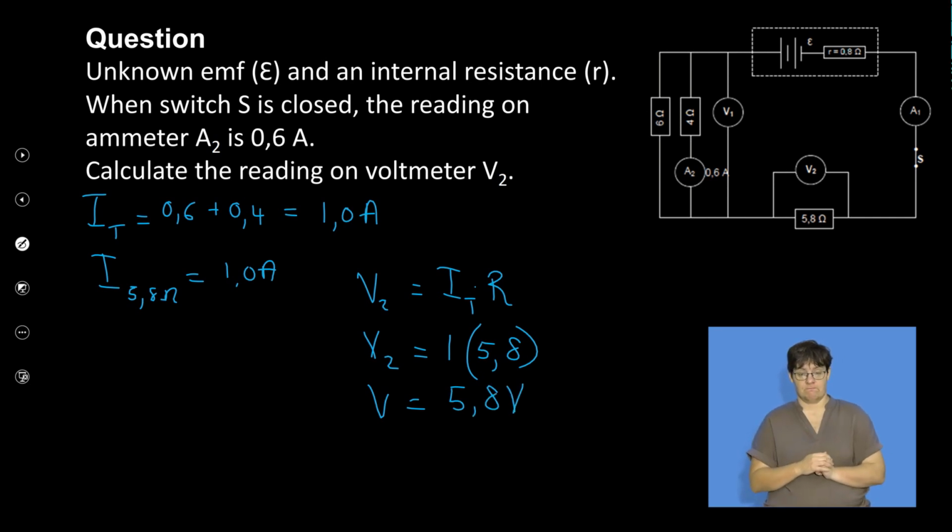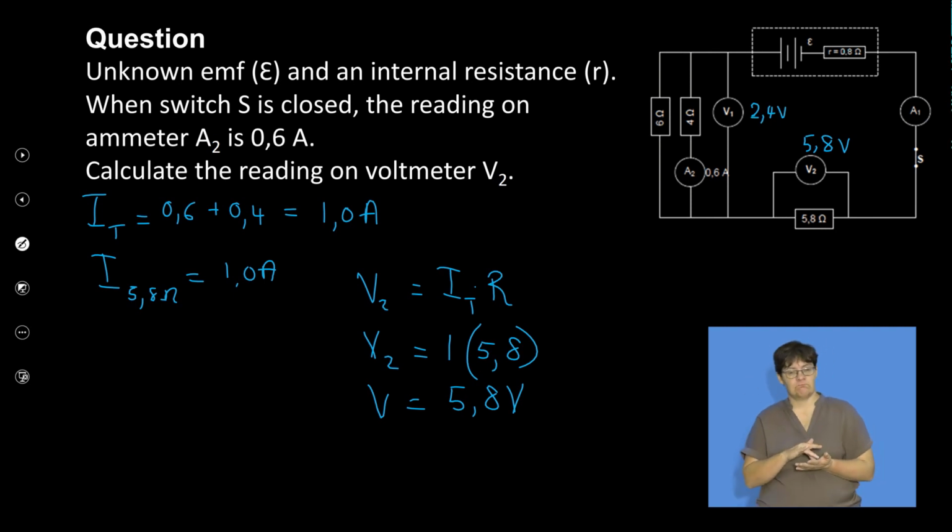Right. Now there's something also that you need to pay attention to. If V2 is 5.8 volts, and we managed to get V1, I think V1 was 2.4, we'll verify that, 2.4 volts, then we are in a position to get a sense of the external voltage in the circuit, right?